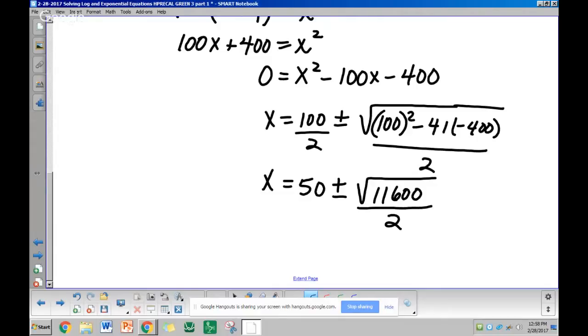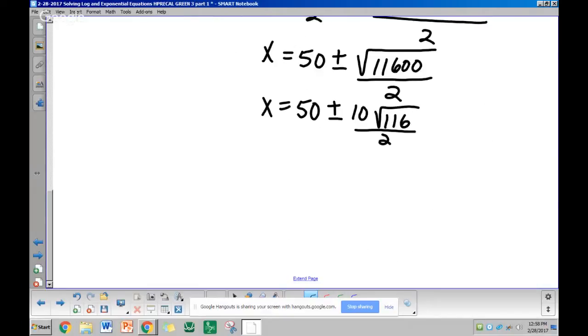I know I can take the square root of 100, which would be 10. I can bring 10 out here, and then it's 116. And I know that a 4 will go in there. 29.